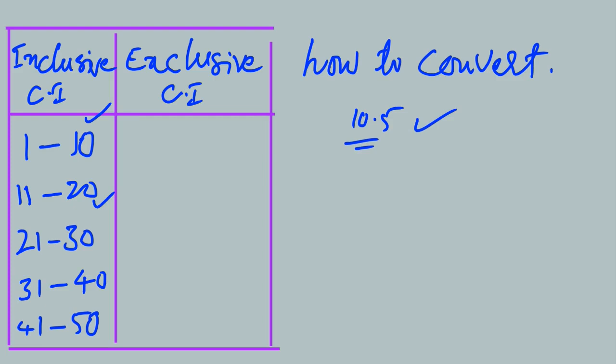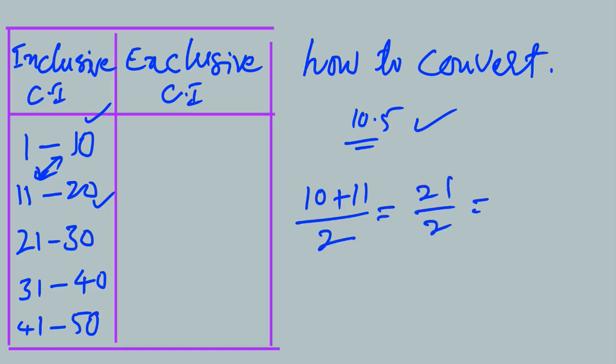At that time, we convert the given class intervals into exclusive. So how do we convert inclusive class intervals to exclusive? Take 10, the upper limit of the first class interval, and 11, the lower limit of the second class interval. We have to find the average of 10 and 11: 10 plus 11 by 2, that is 21 by 2, which is 10.5.